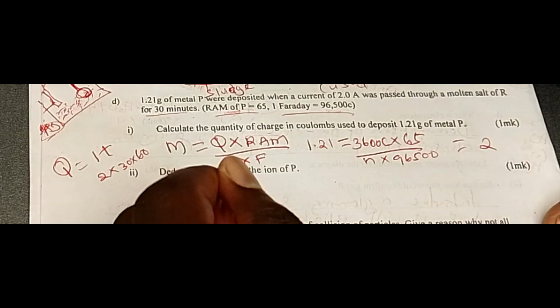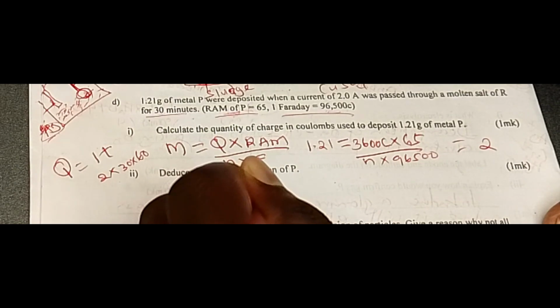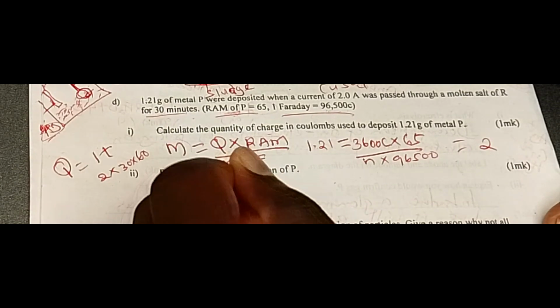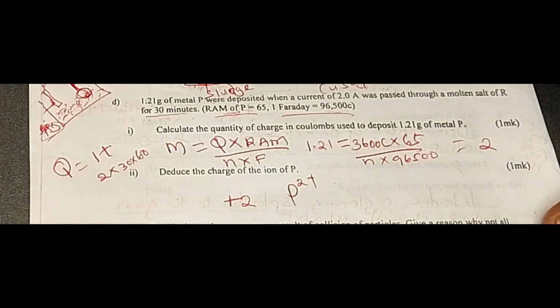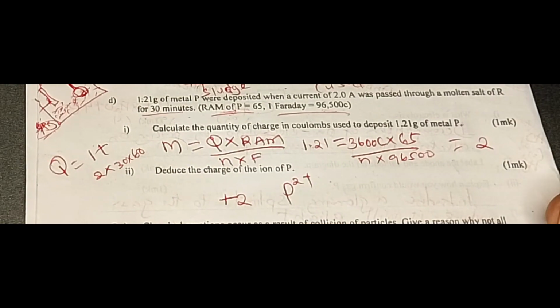If you deduce the charge, because that is a metal, it's going to be P 2 positive, like that.